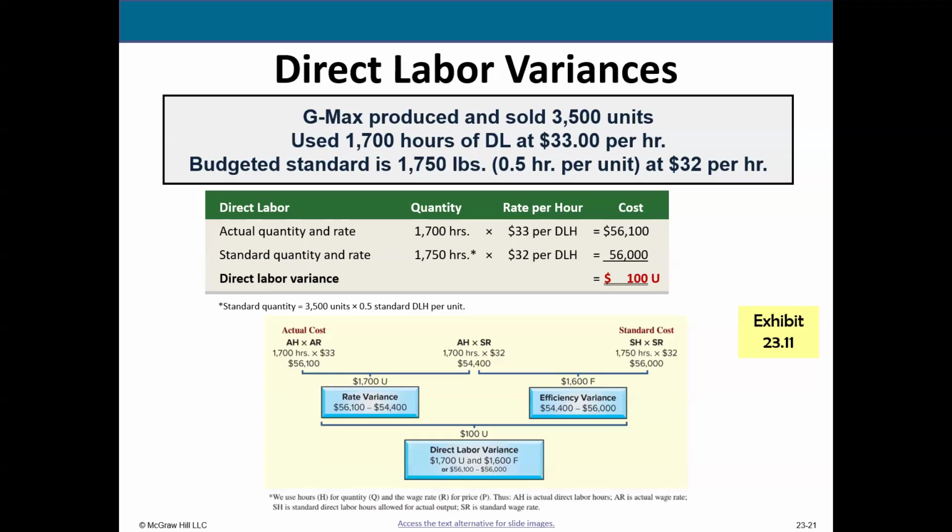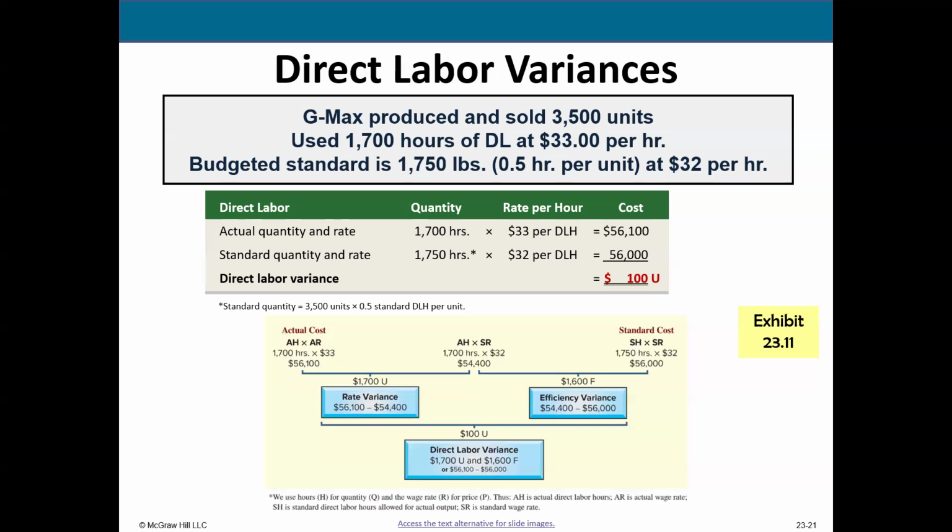I can then compute my efficiency variance by taking the variance minus the standard, giving me a favorable variance of 1,600. And then I just very simply, once again, subtract the two, and I get my difference of 100 bucks.